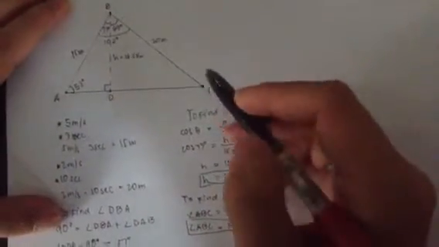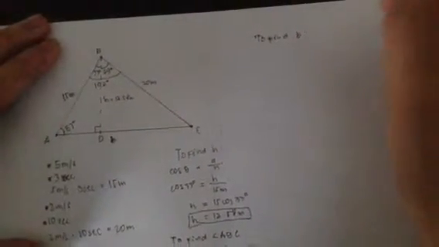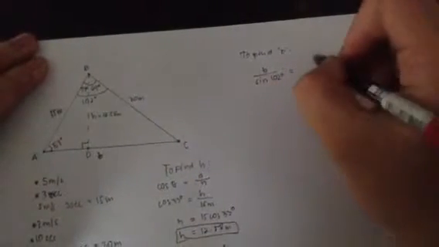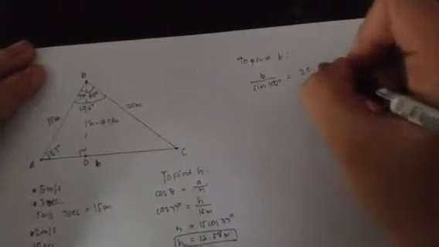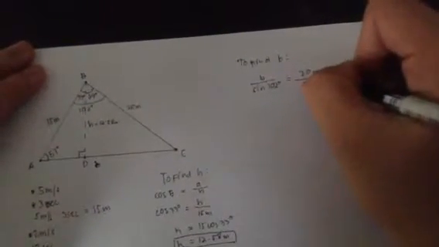Let us assume that from point A to point C would be distance B. To find the distance B, we will use the sine law. So B over sine 102 degrees is equal to 20 meters over sine 57 degrees.